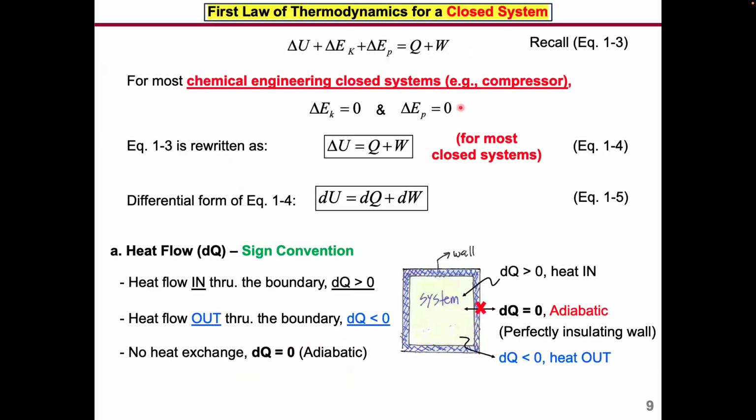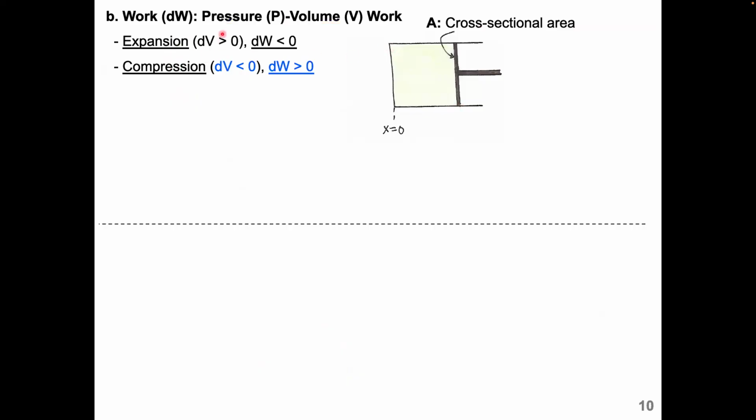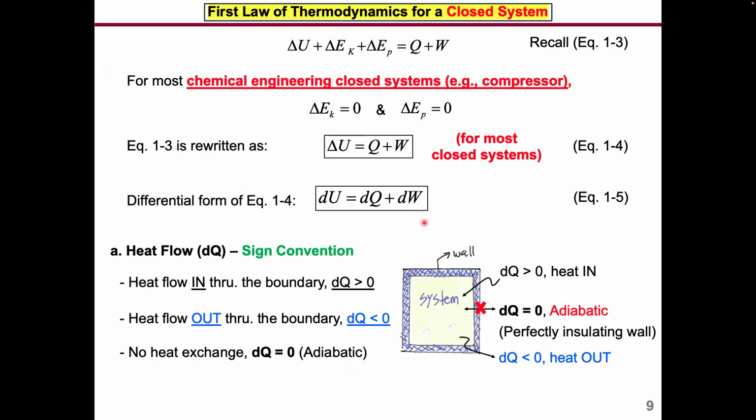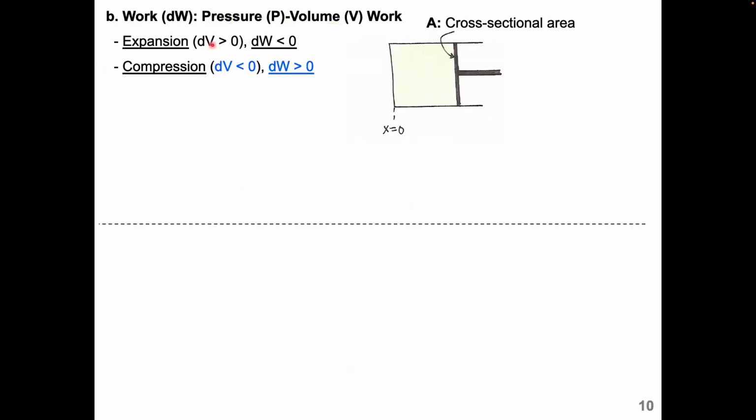So when you are doing expansion, your internal energy is dropping, and relatedly, your dW is negative. That's why we assign expansion dW negative, because the overall effect is that the internal energy of the system is dropping.